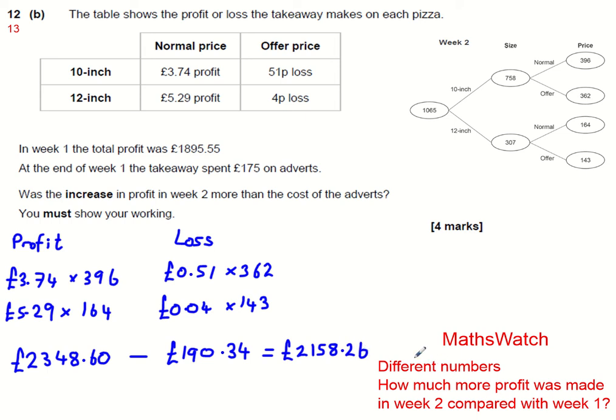Now, the next part of the question, we need to find out how much more that profit is than the end of week 1. So once again, that's another subtraction.